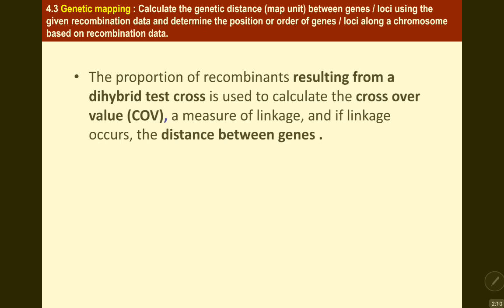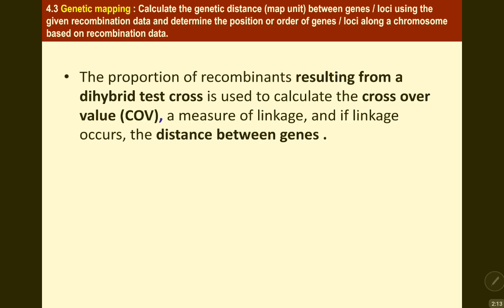So we can calculate the crossover value, called the COV, to measure the distance between the genes. You can measure the distance between gene A and B by using the COV value, the crossover value.